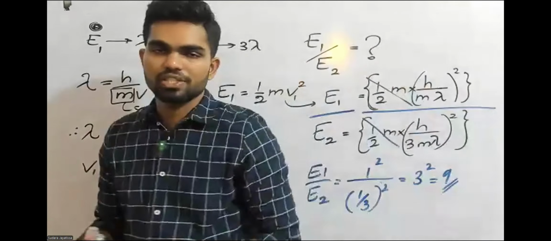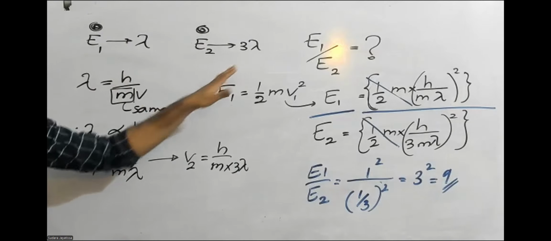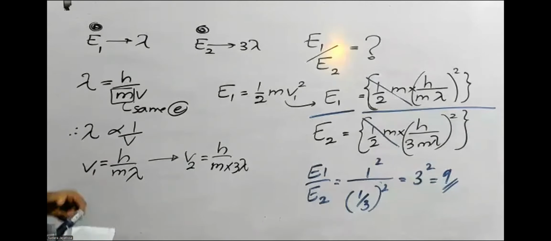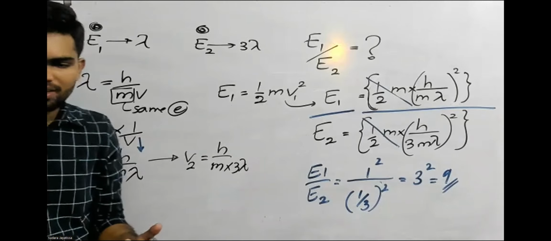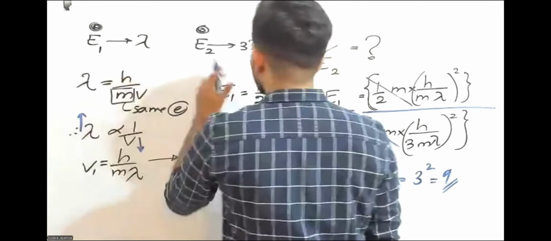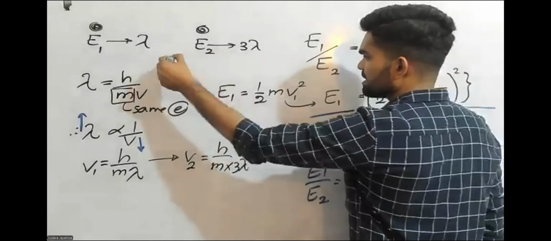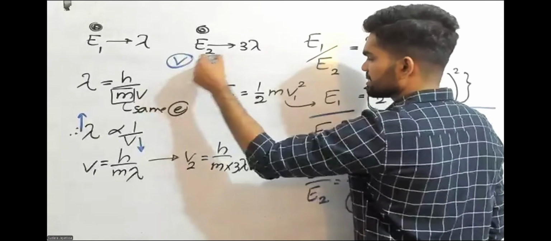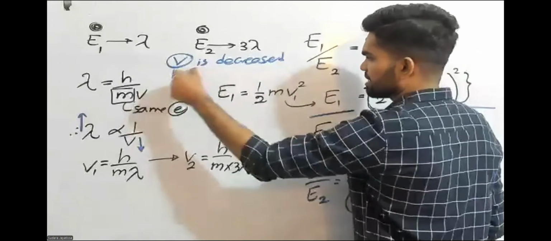You can do some elimination also, because when we increase the wavelength, that means velocity is decreasing. So when we decrease the velocity, kinetic energy is going to be high. When we increase the wavelength by 3, velocity is decreased by 3 times.